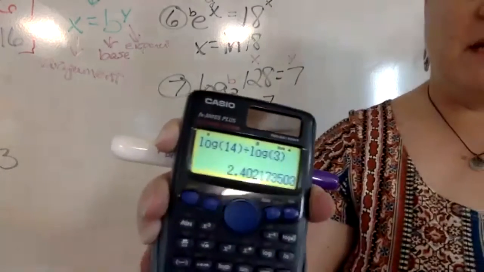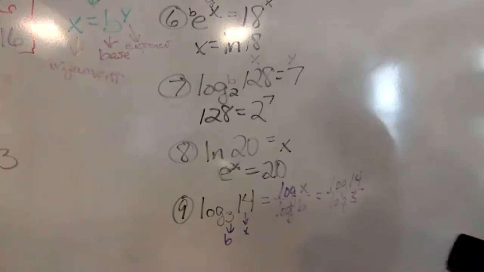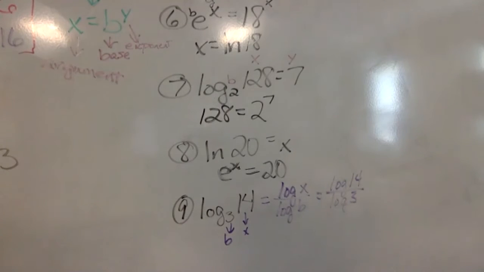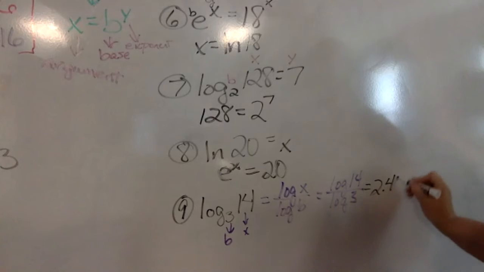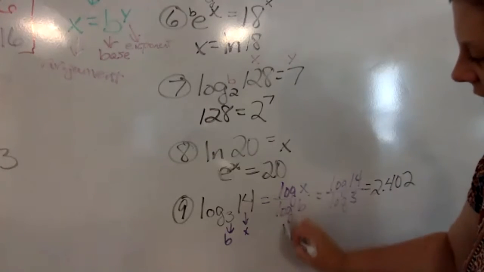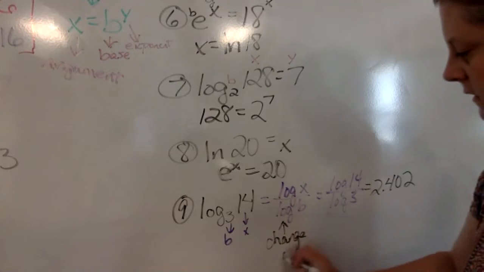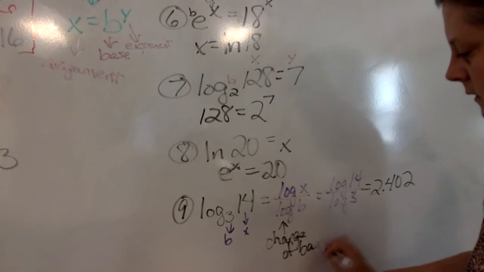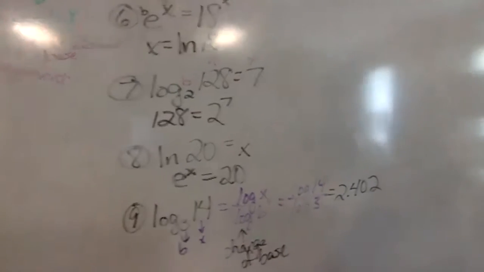It said how many decimal places? 3. So my answer is going to be 2.402. So you just need to remember for this right here, this is called the change of base formula. So when it talks about solving by change of base, that's what it means.